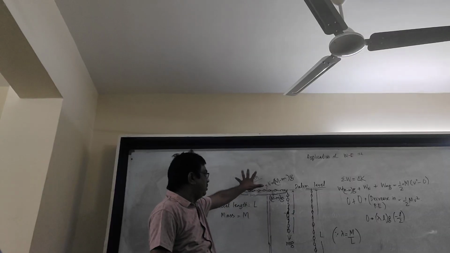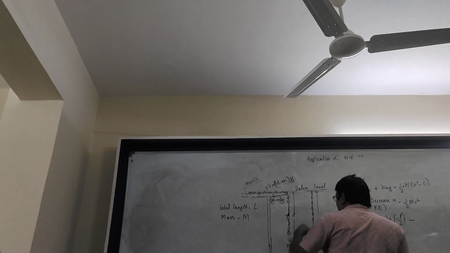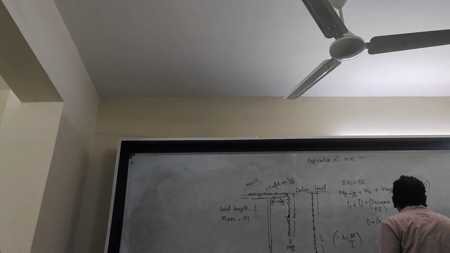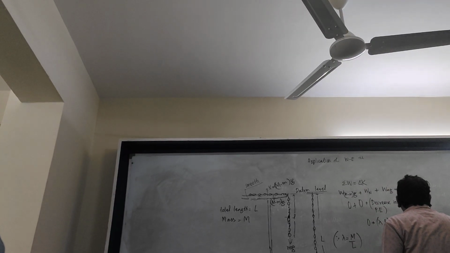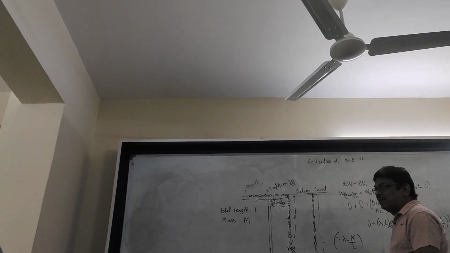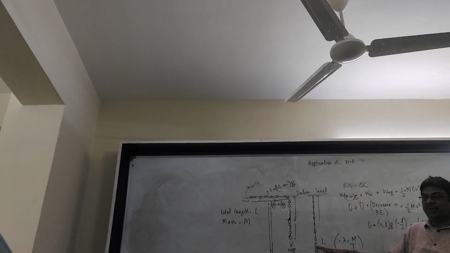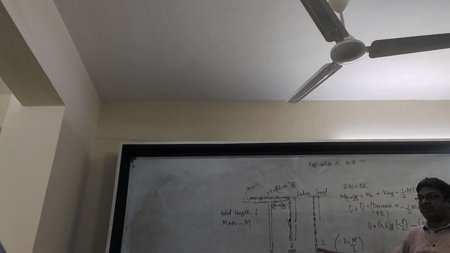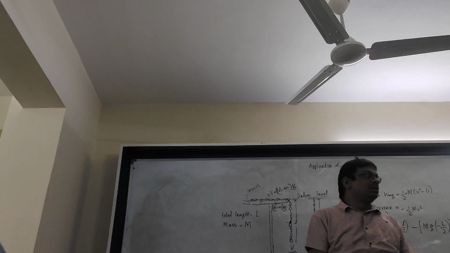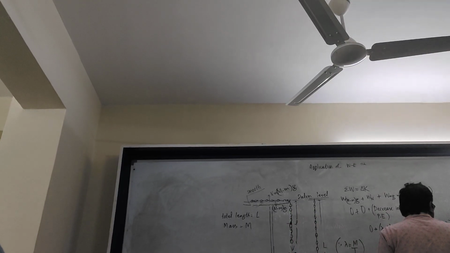For this it is 0, and for this it is the final potential energy, m g into h, because the total mass is concentrated at the midpoint. So this height is capital L by 2, with a minus sign because it is below the datum level. So this should be equated to half m v square.